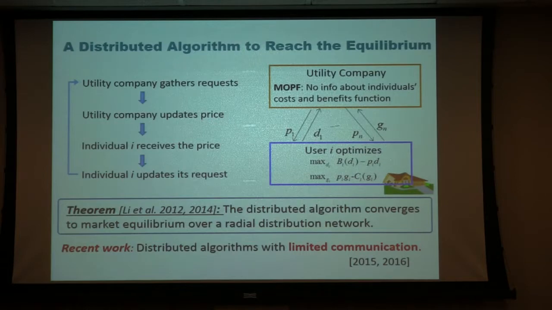Question? Yeah, just noticing that the form of the user optimization problems resembles the conjugate function of the benefit and cost functions. I'm just wondering if the global optimization problem is sort of communicating the dual parameters among agents.